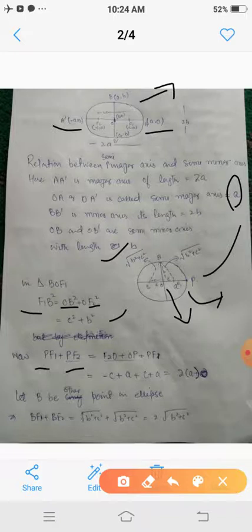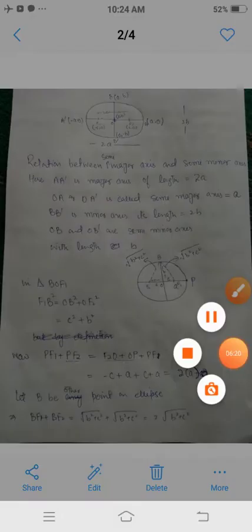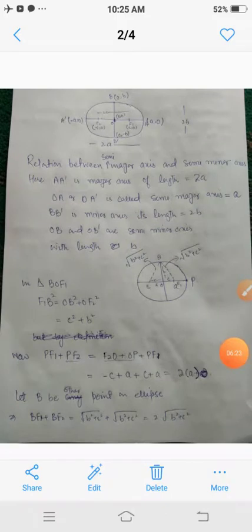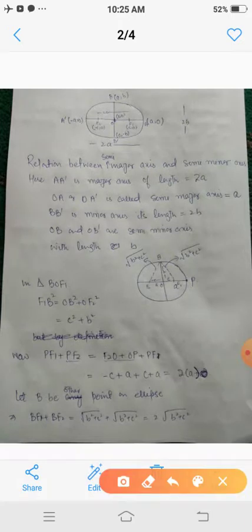F2O equals minus C, OP equals A, and PF1 can be written as A minus C. Similarly, PF2 can be written as C plus A, hence the overall sum of the distances of this point from the two fixed points is simply 2A.